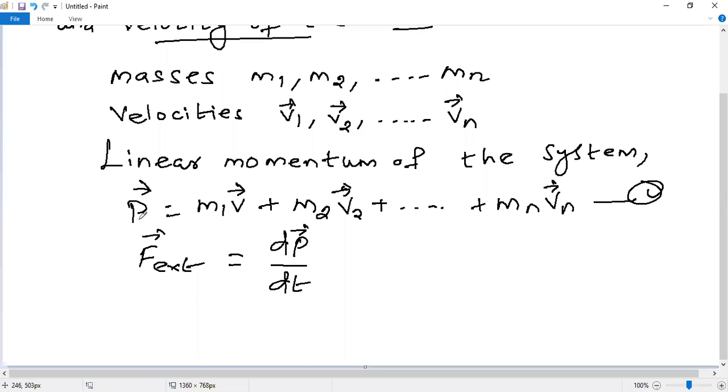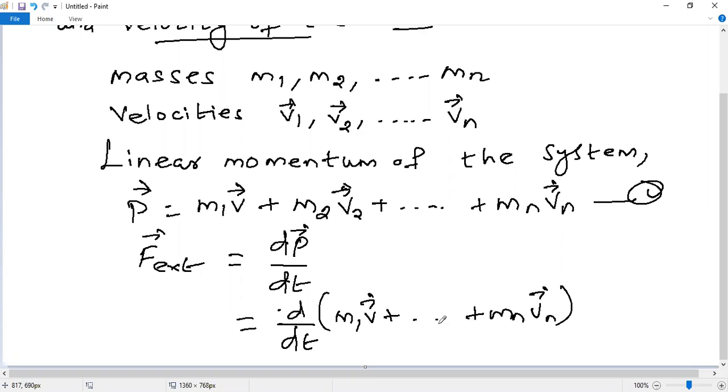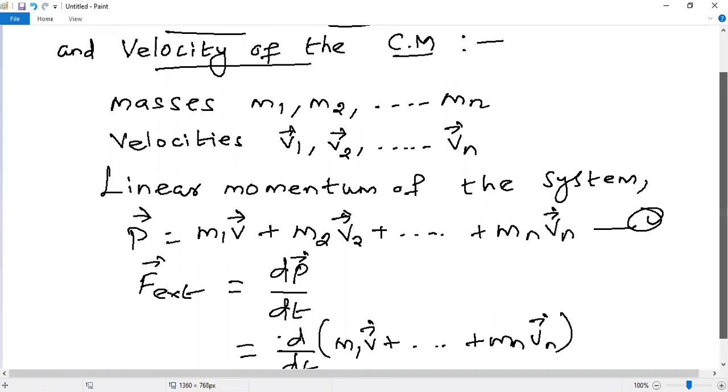And you know the value of p vector, so d by dt of m1 v1 plus up to mn vn. Up to that, you can note it. Then we go for next page.